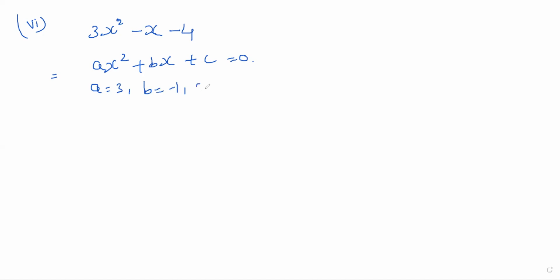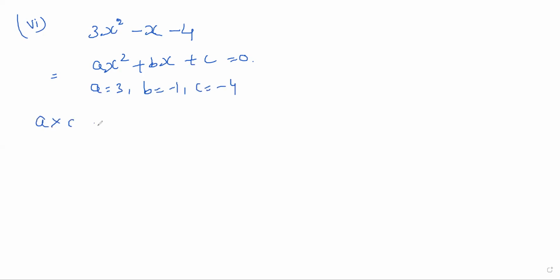And sixth one, 3x square minus x minus 4 is equal to, it is in the form of ax square plus bx plus c, right, is equal to 0. Right, what are a, b, c? Constants. In place of a, we have 3, b is minus 1, c is minus 4.